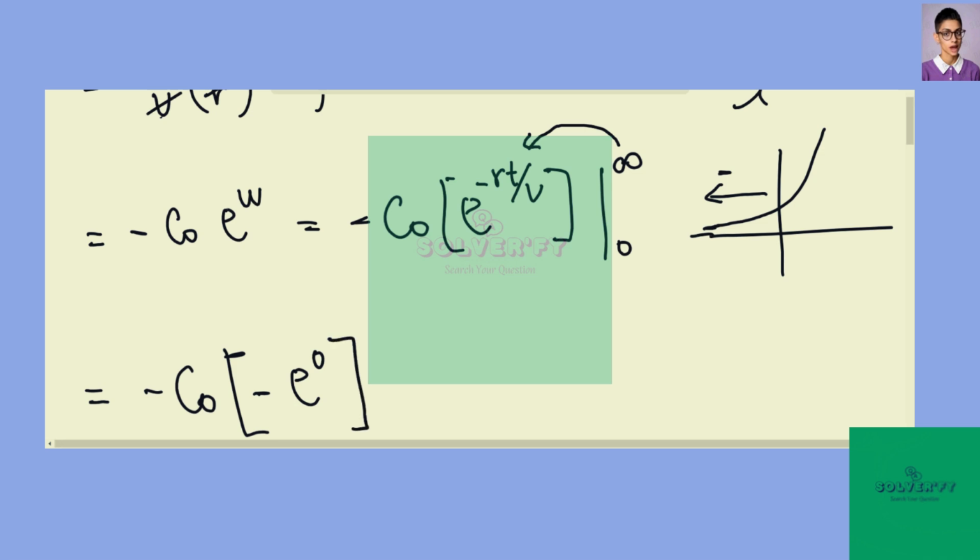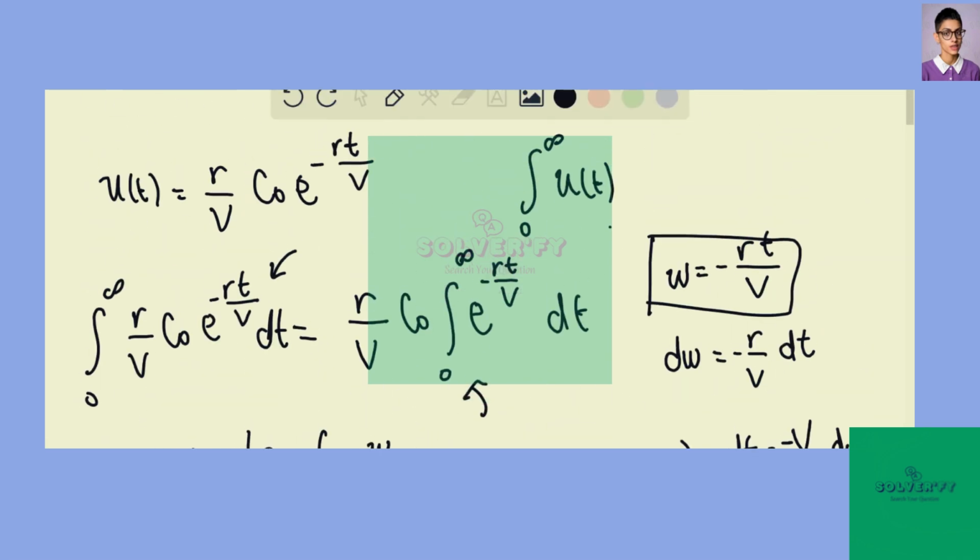These signs cancel, and we take C sub 0 times the exponential of 0, and we know that the exponential of 0 is 1, and we obtain the constant C sub 0.